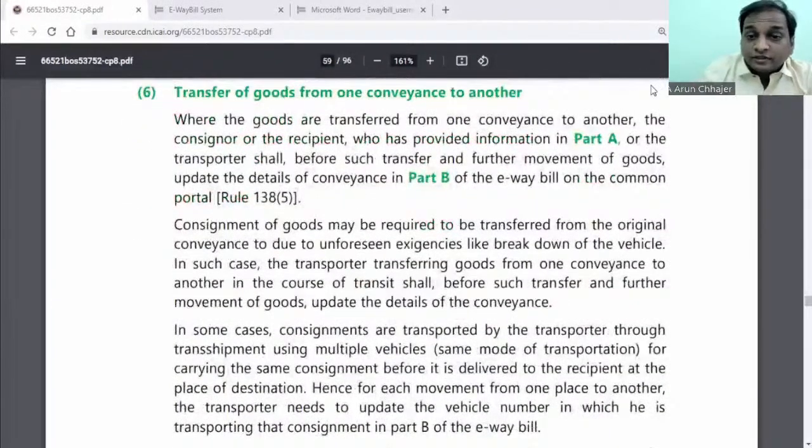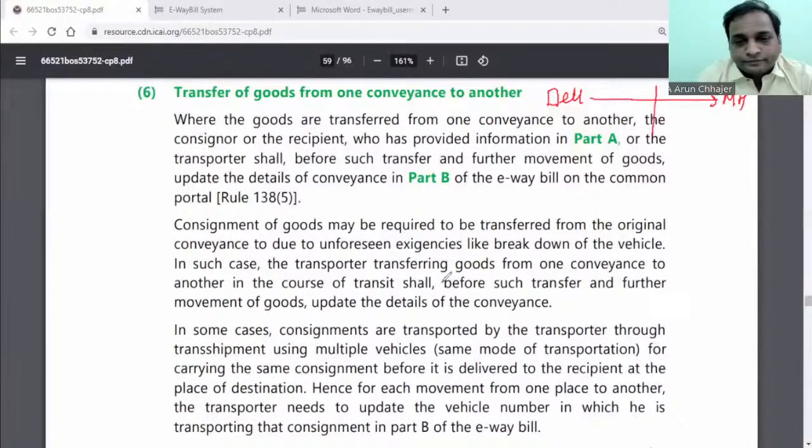Now, suppose goods are being moved from one location, say from Delhi to Maharashtra, and in between there is a breakdown. An unforeseen exigency like a breakdown of the vehicle, or an accident. Suppose it is vehicle number 1. Now, because of the breakdown, the transporter will shift the goods to another vehicle. Whenever there is a change in the conveyance, a change in the vehicle, part B has to be updated.